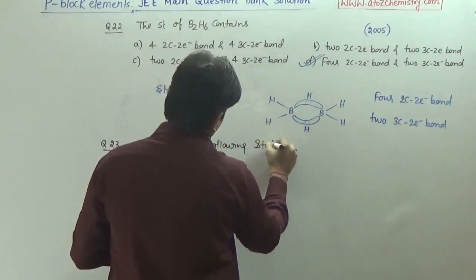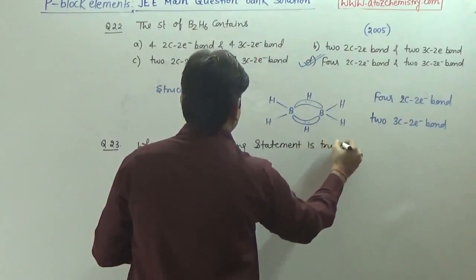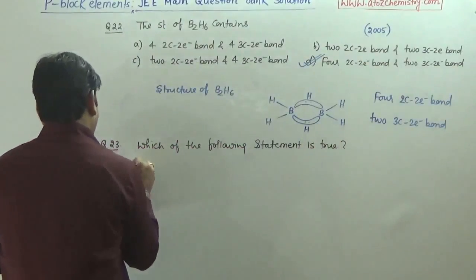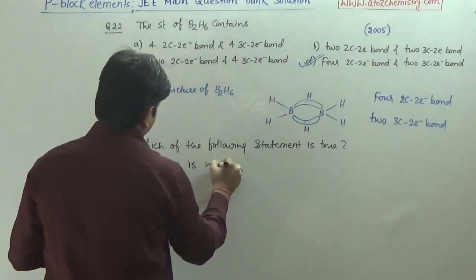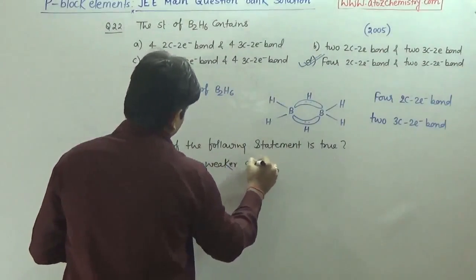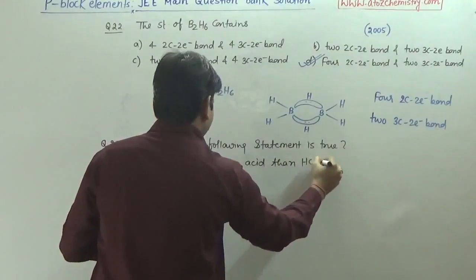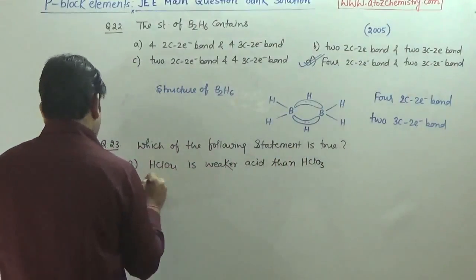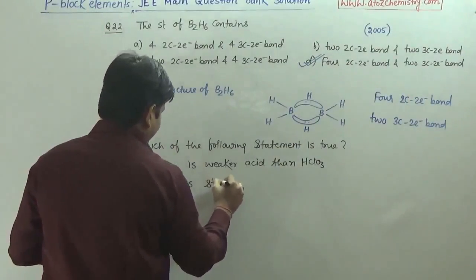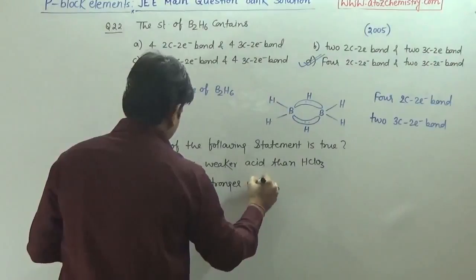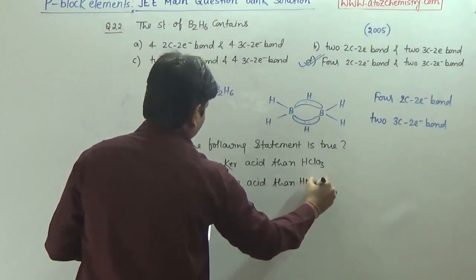Which of the following statements is true? A option: HClO4 is weaker acid than HClO3. B option: HNO3 is stronger acid than HNO2.